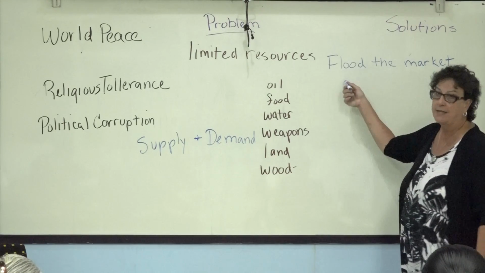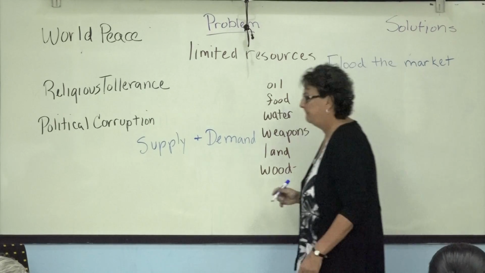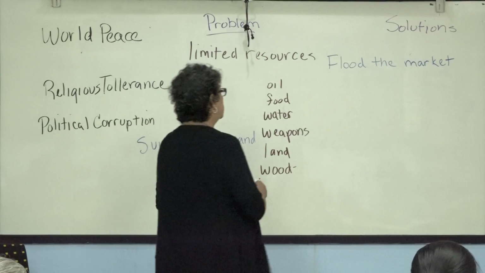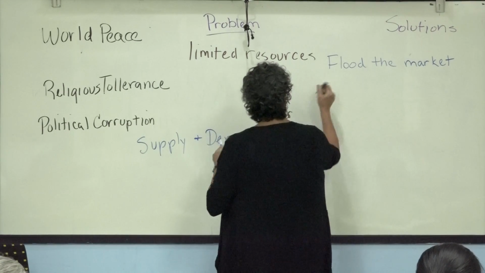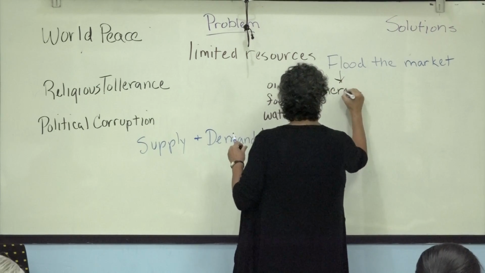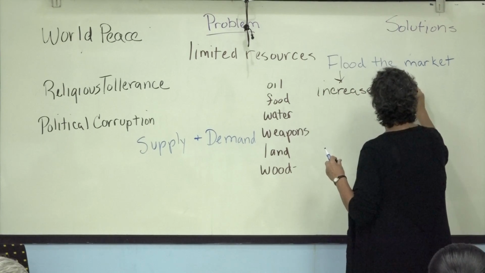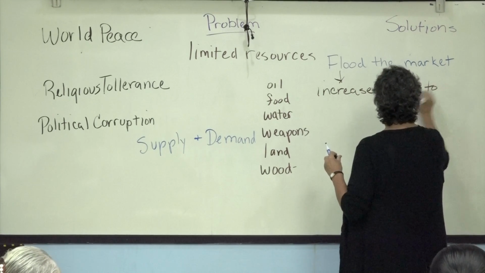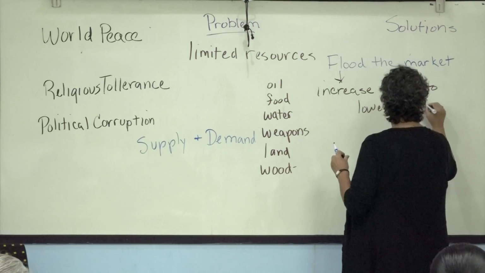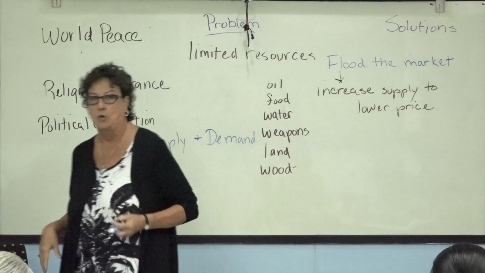So when we flood the market, that means that we're increasing supply. Increase supply to lower price. You increase the supply to lower the price.